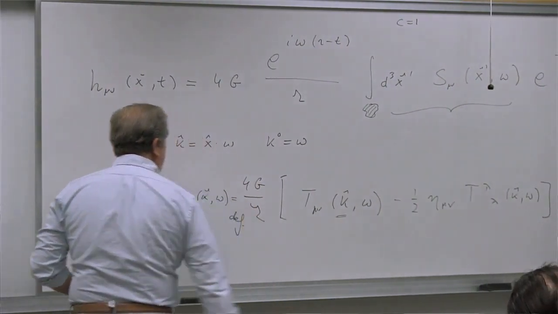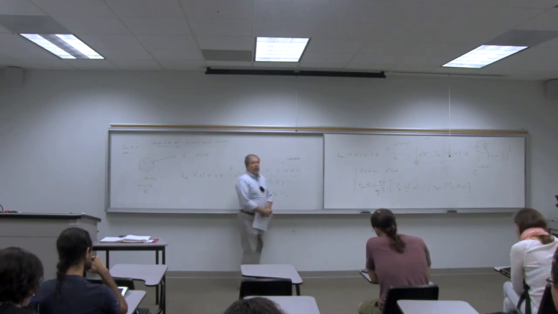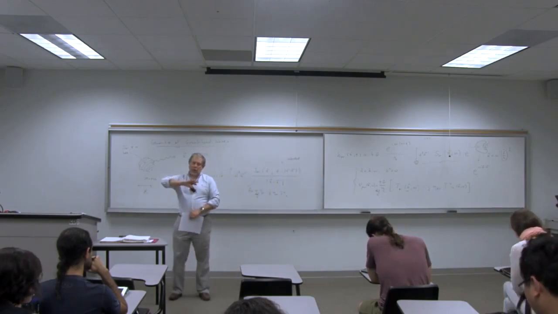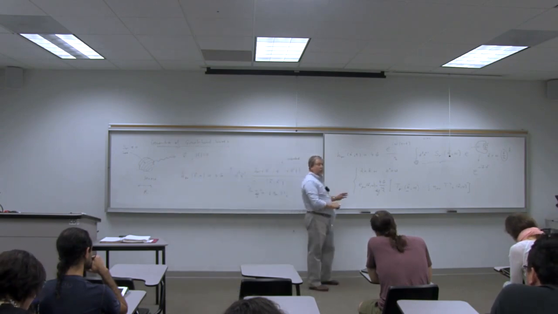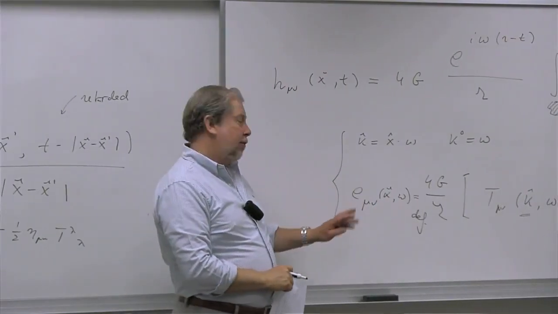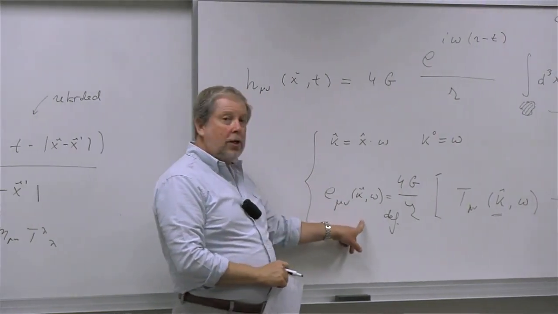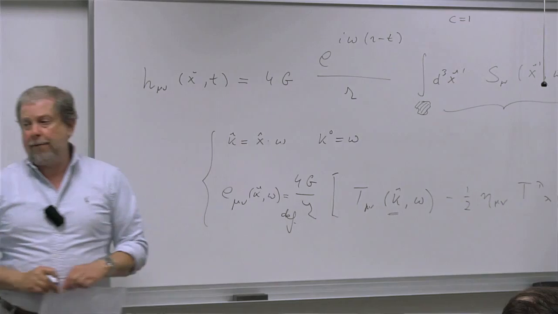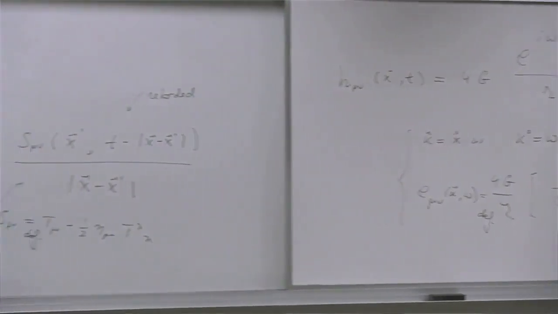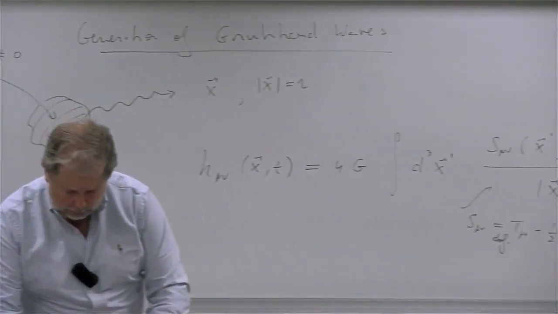So basically we are writing this outgoing wave as a plane wave, or a spherical wave in this case, with a polarization vector that is clearly identified with all that stuff that appears in the integral, where the integral is just a simple Fourier transform.